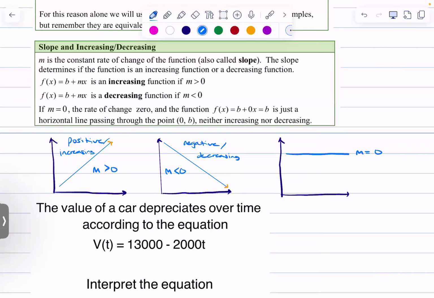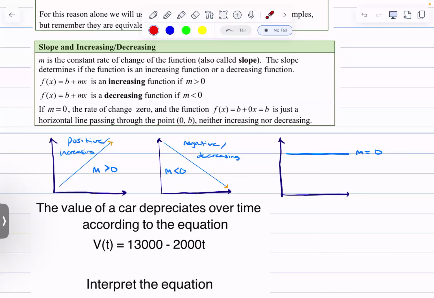Here we have a slope of 0. Right? If you try to do rise over run with 0 rise, 0 divided by anything is 0, right? And so if the slope is 0, the rate of change is 0, then this just becomes a horizontal line which passes through at 0b.